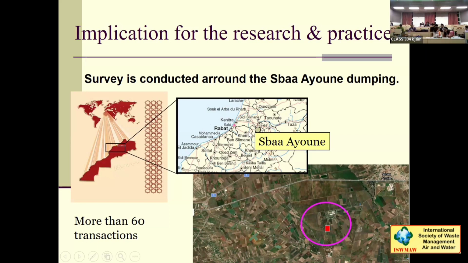We have conducted a survey of more than 60 transactions around this dumping, in order to determine how the dumping impacts and affects the real estate or property prices around the dumping, taking into account the water pollution, soil pollution, air pollution, and noise pollution.